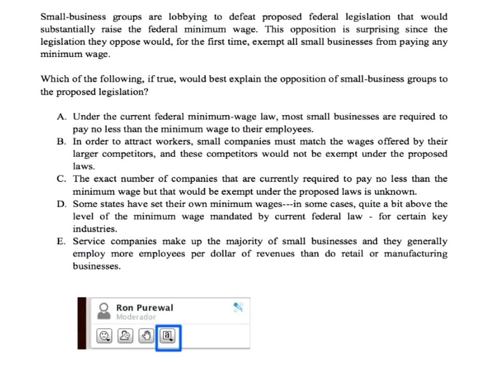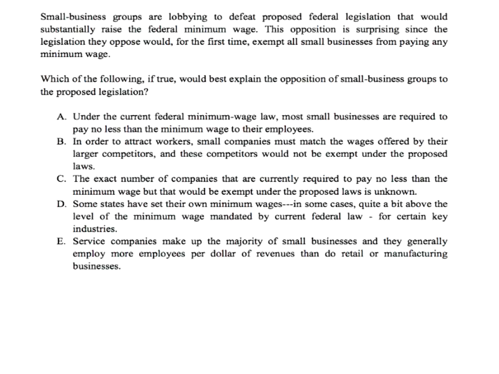Okay, go ahead and pick something if you don't have something. This one appears to be not as hard for you guys as the other ones. So that's good, right? But go ahead and pick an answer if you don't have one yet, please.